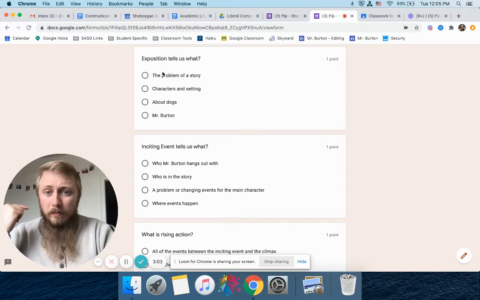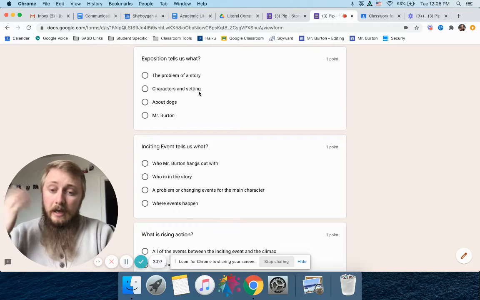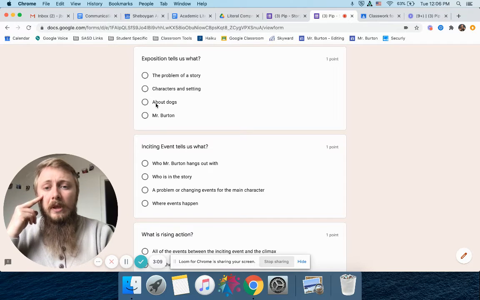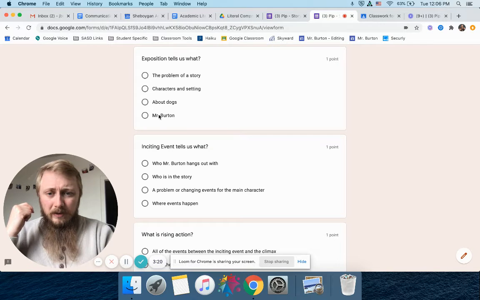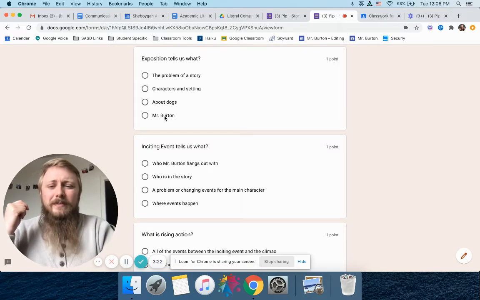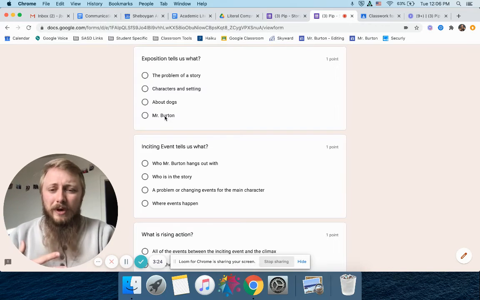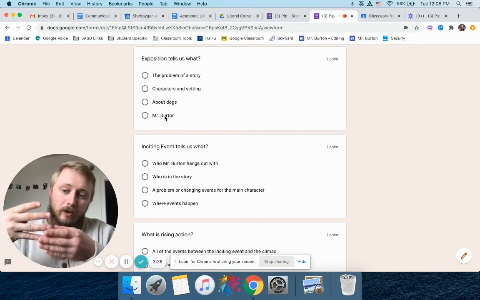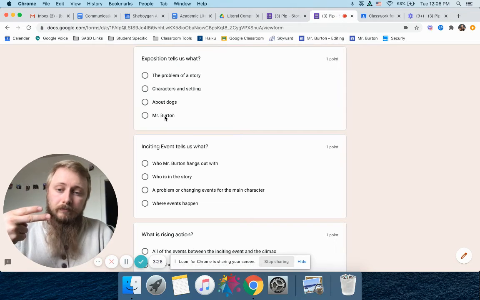Exposition might be part of a story, though I don't know if it's the problem of a story. Characters and setting, oh, that's part of a story. About dogs, well, the video is about dogs, but exposition isn't about dogs. Mr. Burton, exposition isn't about Mr. Burton. Those are 2 very obvious answers for us to eliminate.